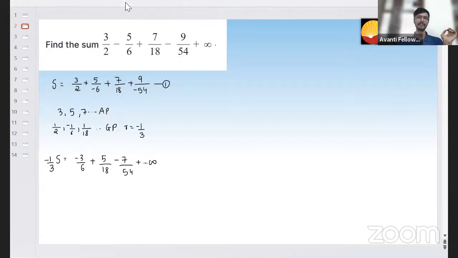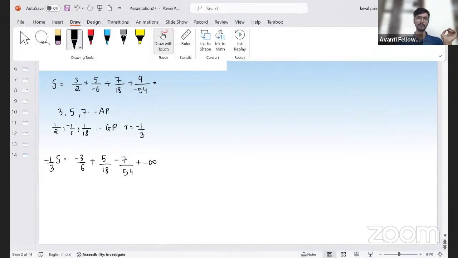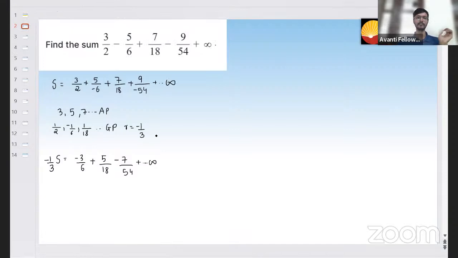Also in equation 1, let's write it up to infinite terms, so here also it will be plus dot dot dot infinite terms. So this is equation number 1, and this is equation number 2.